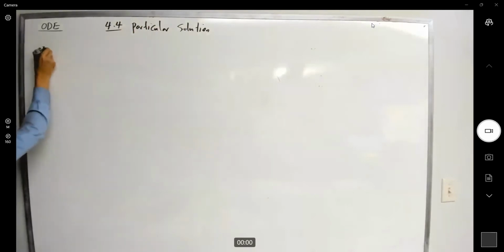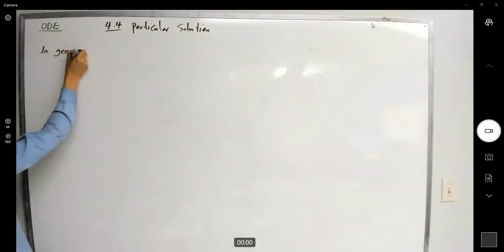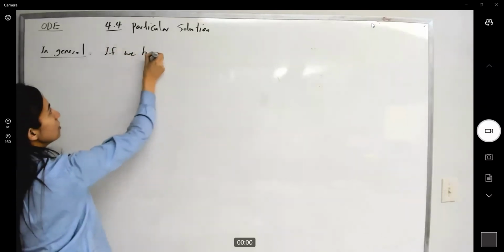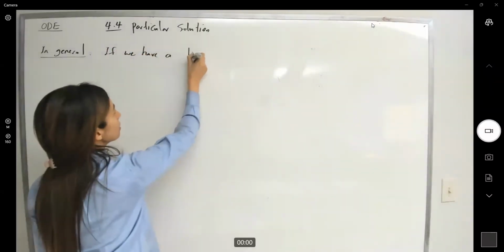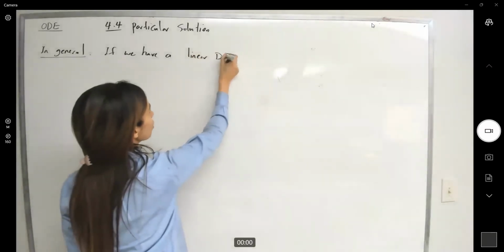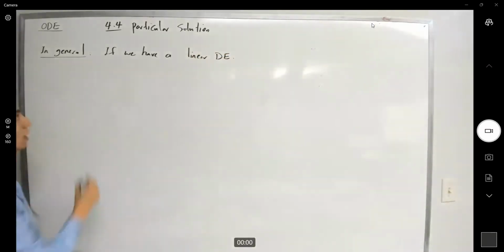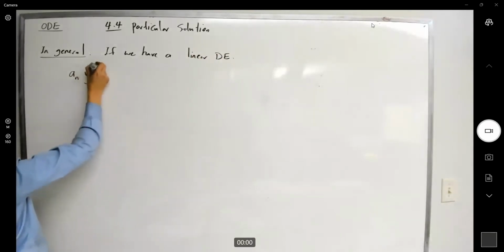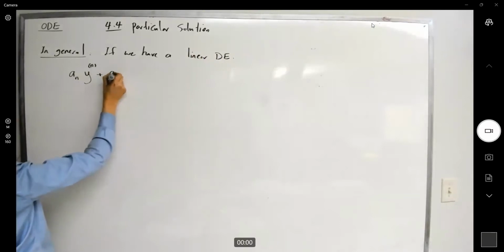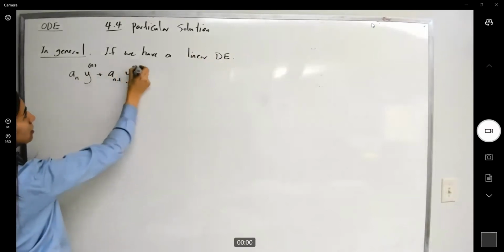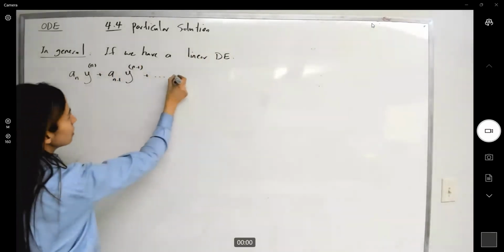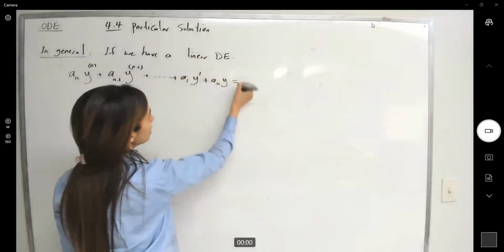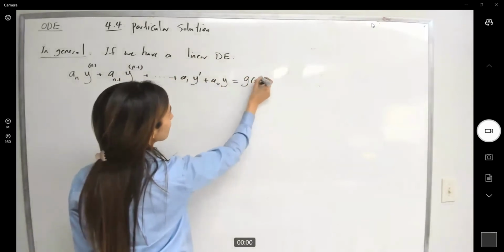In general, if we have a linear differential equation like a sub n, the nth derivative of y, plus a sub n minus 1, the nth minus 1 derivative of y, plus a1 y prime plus a sub 0 y equal to g of x.